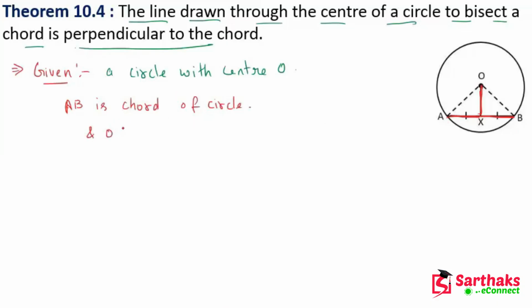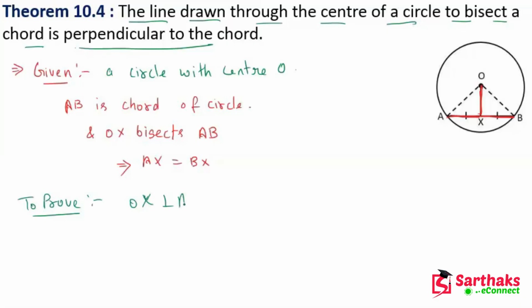OX bisects AB. It means AX is equal to BX. And we have to prove that OX is perpendicular to AB. Okay, got it? Now let's start.